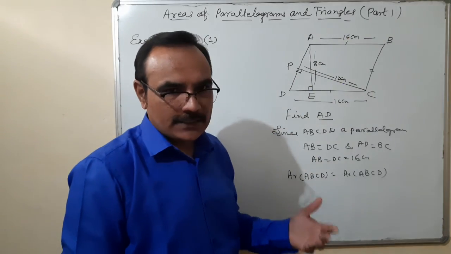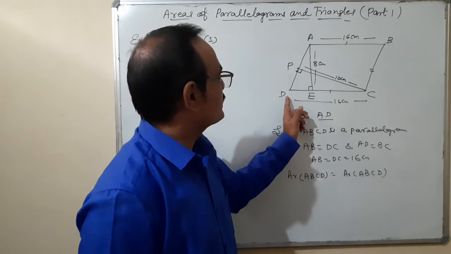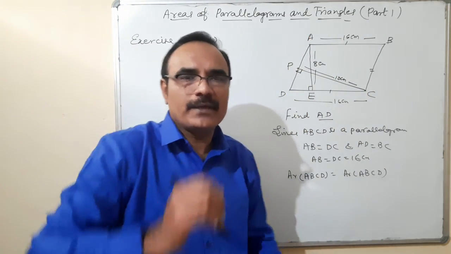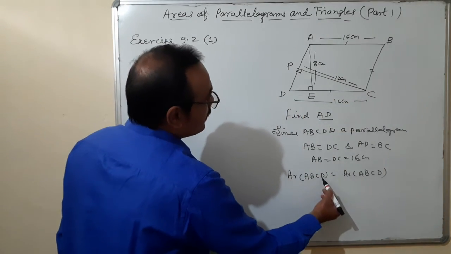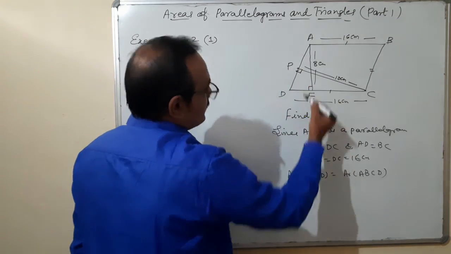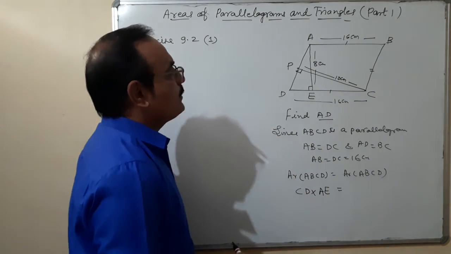I can take any base. Suppose I am taking CD as the base, then what is the height? AE, because height is always perpendicular to the base. So the area of parallelogram ABCD is equal to base CD into height AE.